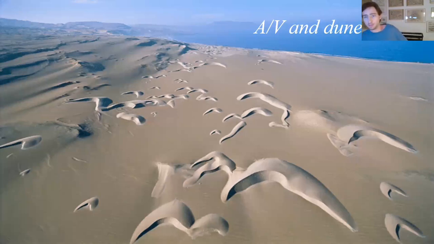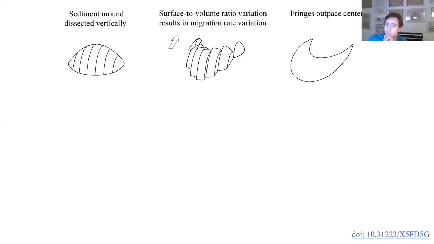Now there's a little bit more evidence that helps support this idea that the shapes of dunes are determined by surface to volume ratios. And it comes from a little thought experiment. So let's say we have a dome-shaped sediment mound. These do actually exist in nature.